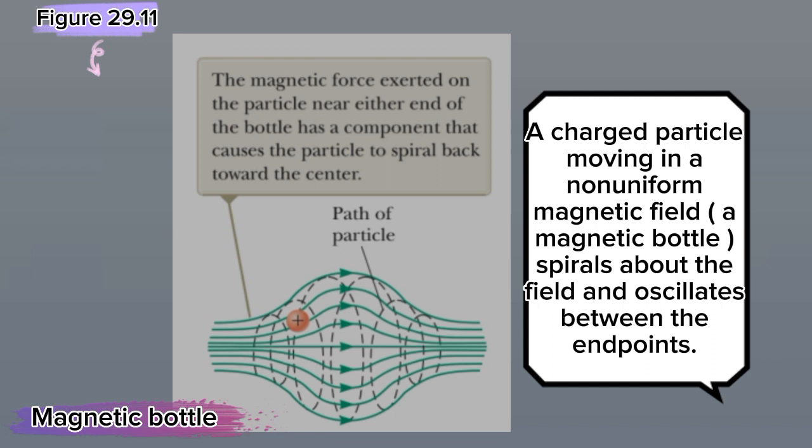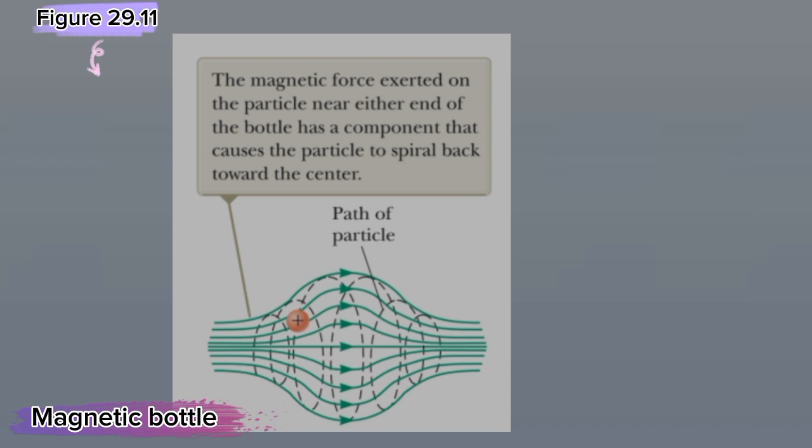In addition, it acts as a magnetic mirror because charged particles reverse their direction of motion when approaching one of the poles. As a result, the trapped particles bounce back and forth in the field. So, that is how the positive particles move in the magnetic bottle.